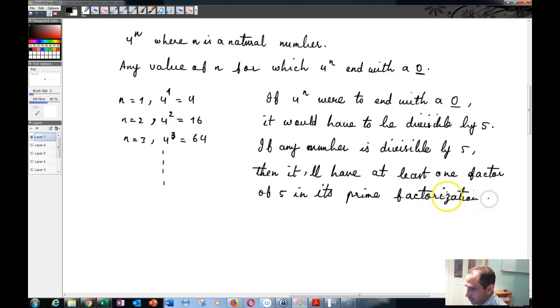Okay, so now you can use the prime factorization of 4 raised to the power n.